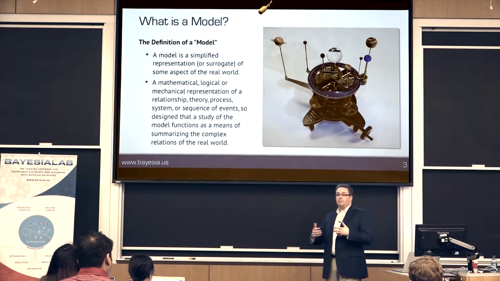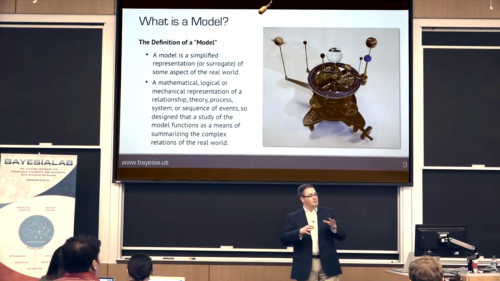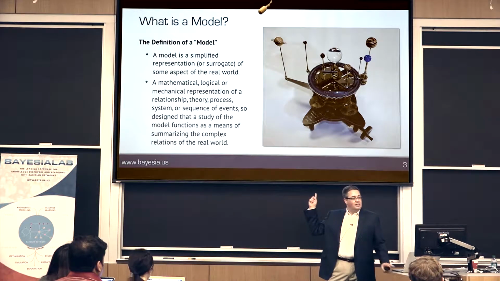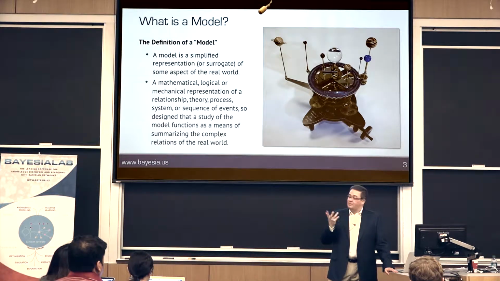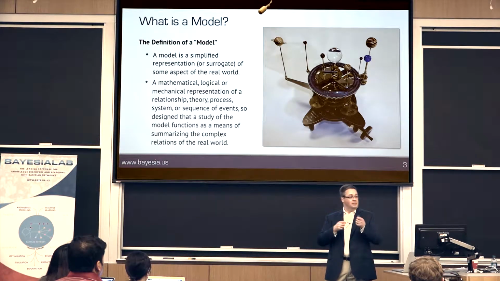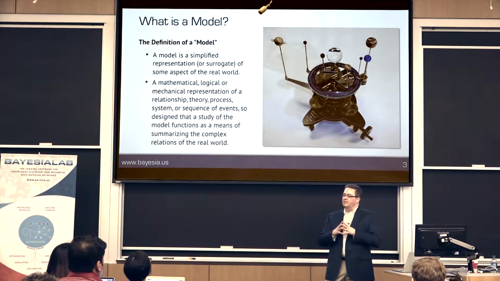Typically, we see apps on our iPhones or models in our computers. What's special about this one is that it's a mechanical model of our solar system. And as you crank it, the planets revolve around the sun.